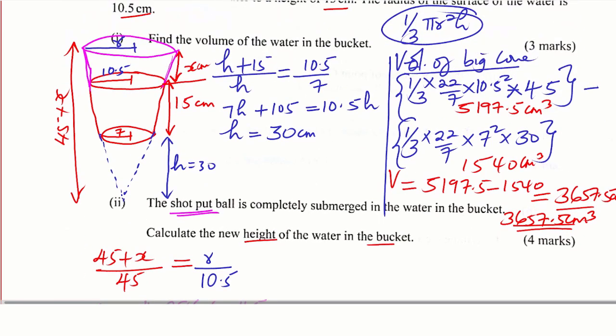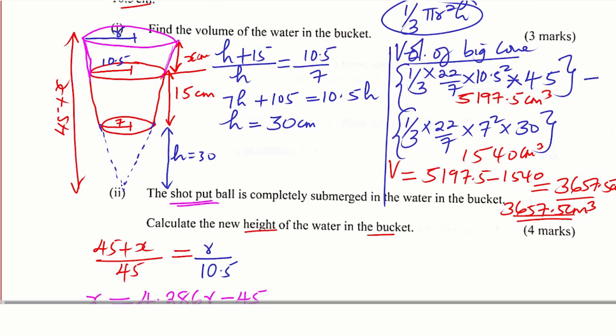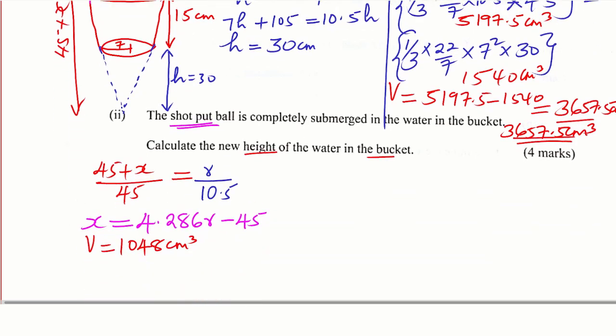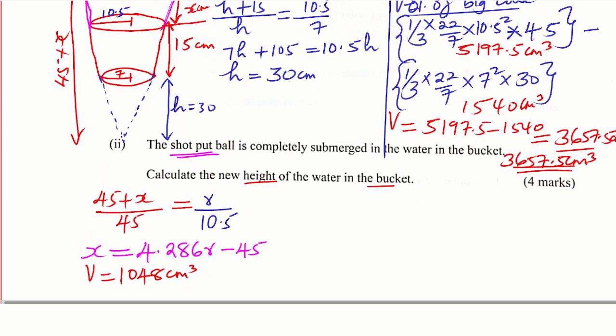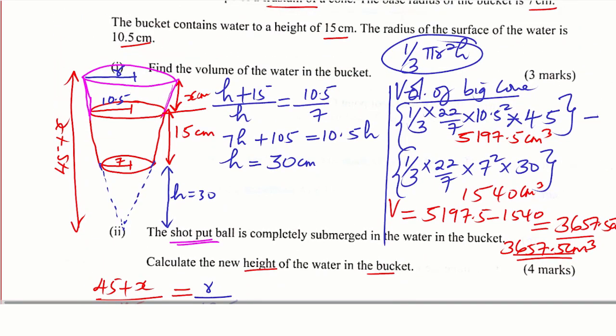That rise, x centimeters, represents the rise in the volume, and that is the volume of the shot put. So how do you get that rise?